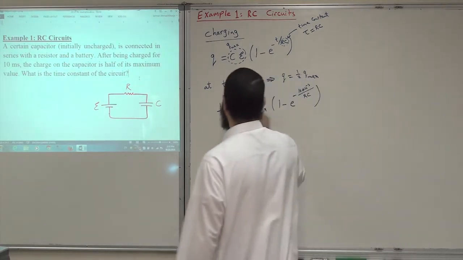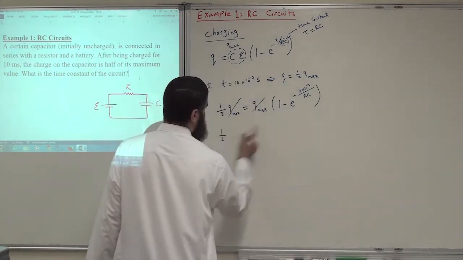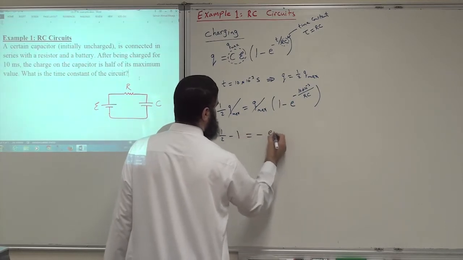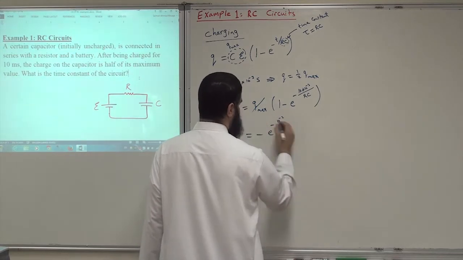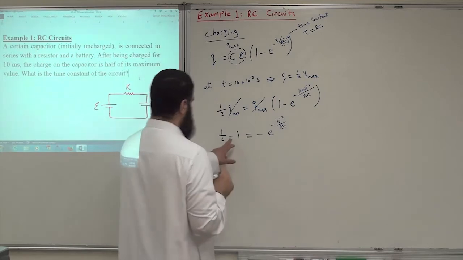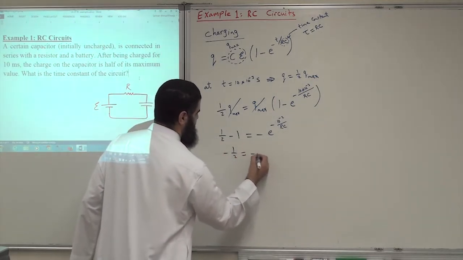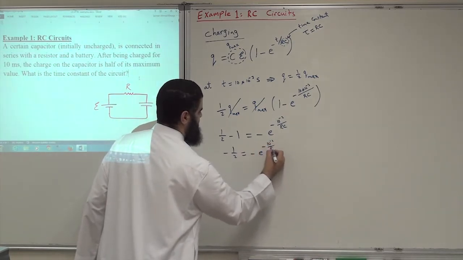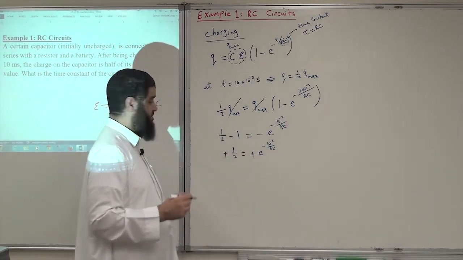So Q max will cancel with that Q max, and we have this 1/2, and this 1 will go to the other side. So we have 1/2 minus 1, which is minus 1/2, equals minus e to the minus 10 to the minus 2 divided by RC. This minus will cancel with the minus. Take ln of the two sides.